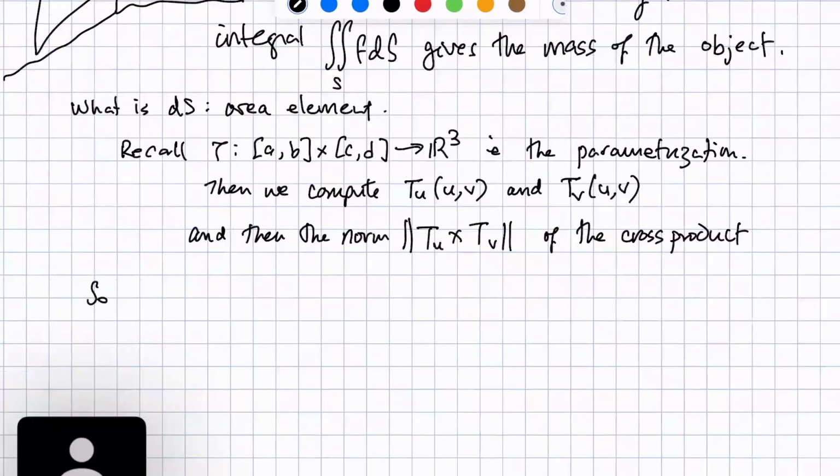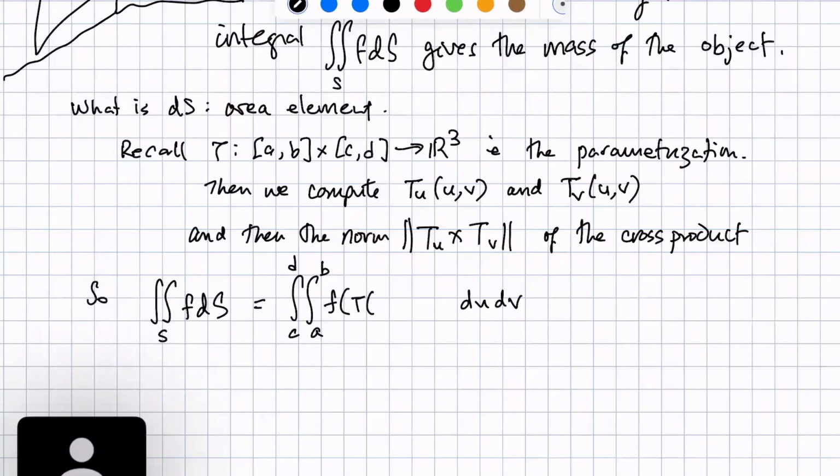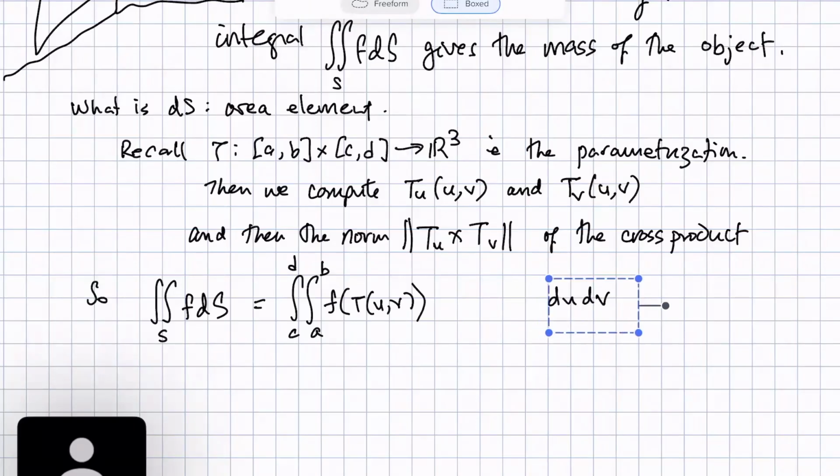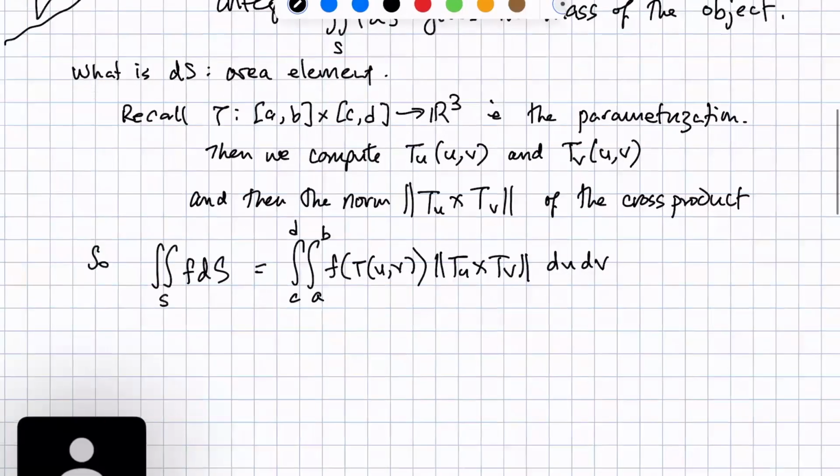So basically what you do is you take this integral right here, and I'm going to change my coordinates to u and v, from a to b and c to d, and the inside integral is du, the outside integral is dv. Here's f, and what you do is you plug the parametrization into f, and then you multiply by this object right here, which we saw in the previous lecture.